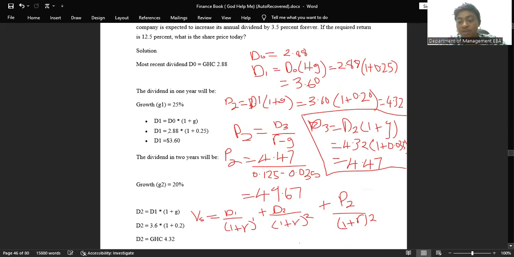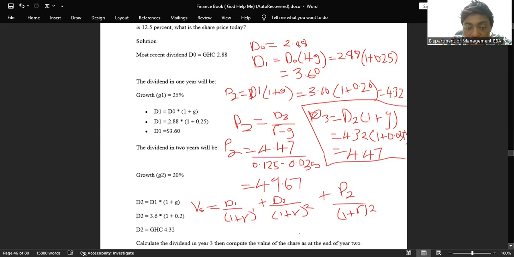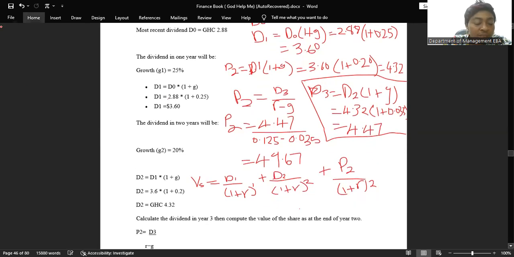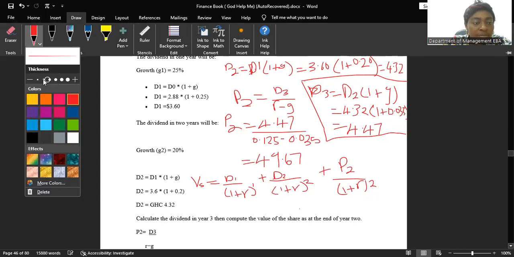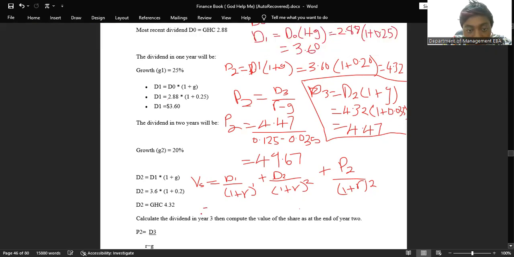I don't know why this thing is not moving. Okay, that's great. Now let's continue. So this will be equal to the first, the D1 dividend, which is 3.60 all over 1 plus the rate.